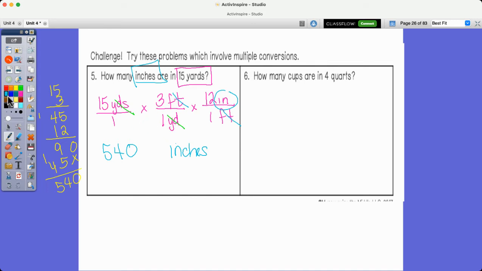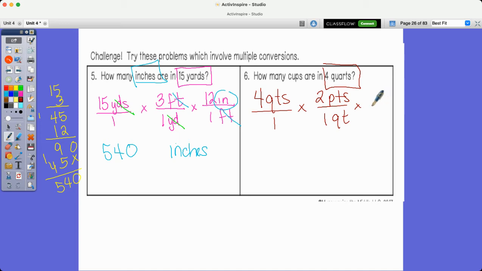Okay, let's do this next one together. We are going to do how many cups are in 4 quarts. So we start with the quarts. 4 quarts over 1. That's how we start this every time. Times, let's look at our star chart. I find out there are 2 pints in 1 quart. Then I need to go to cups.